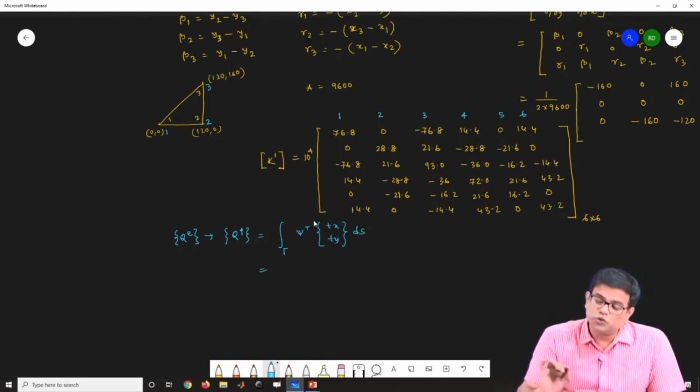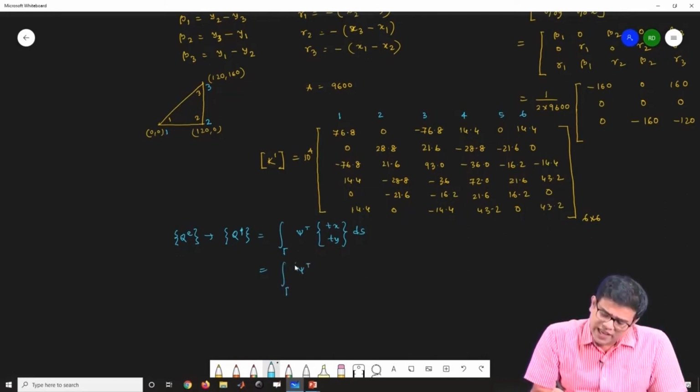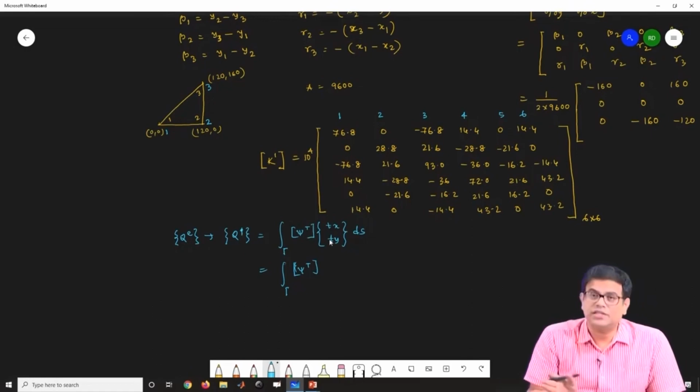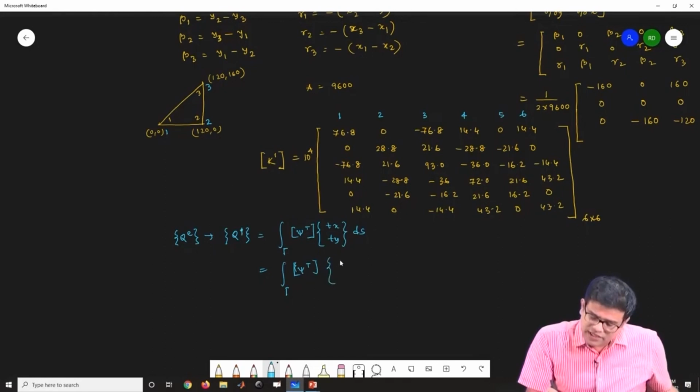We know what psi is now. Ty is 0 because only axial load is there. So I can just write it like 10, then 0, then ds.